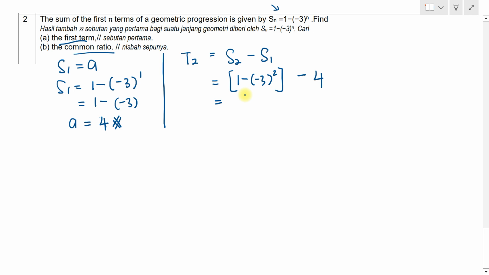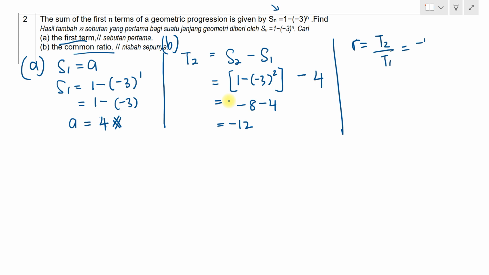Okay, we will get the common ratio later, but try to do this one first, T2. So if you solve this, you get negative 8 minus 4, so you get negative 12. So if you want to find the common ratio, T2 over T1, negative 12 over 4, so you get negative 3.